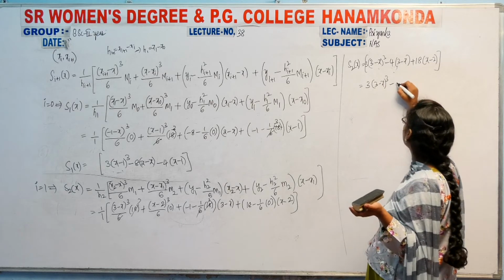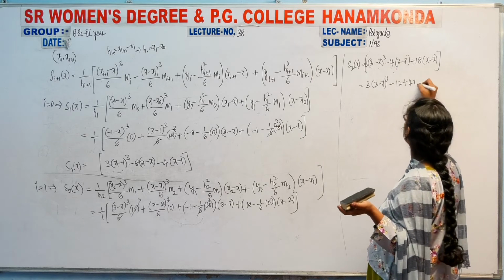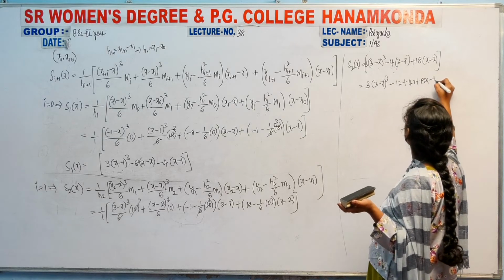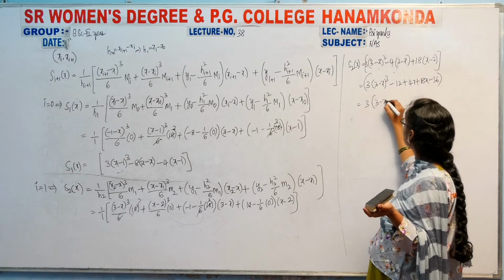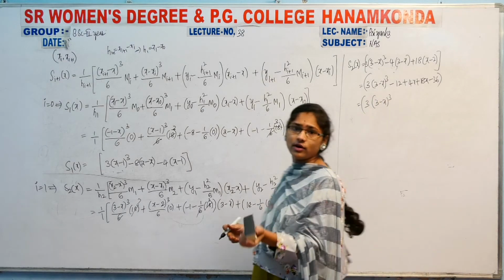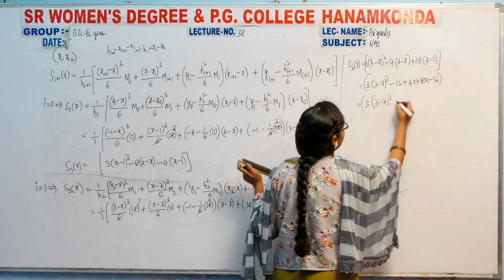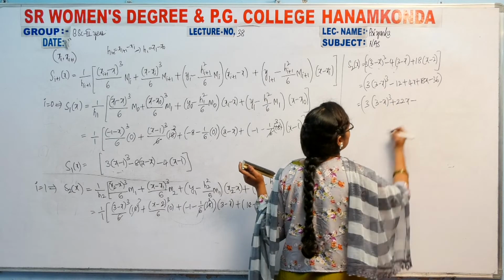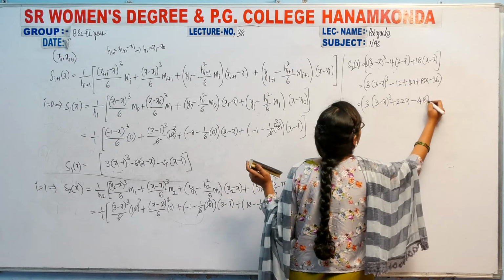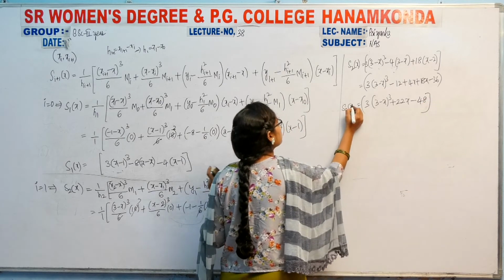If you want, you can split: minus 12 plus 4x plus 18x minus 36. So now it is 3 of (3 minus x) whole cube and here we get 4x plus 18x, that is 22x, minus 12 minus 36, that is minus 48. Okay, so this is nothing but S2 of x.